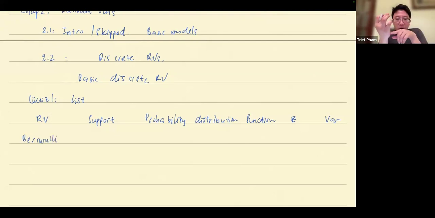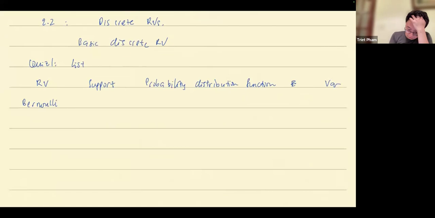If we say a random variable is a Bernoulli random variable with parameter p, what do we mean by that?